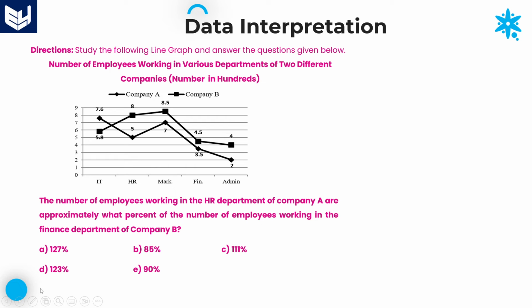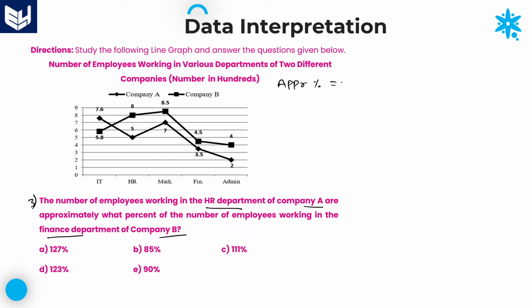Let us look at the third question. Here is the third question. The number of employees working in the HR department of company A are approximately what percent of the number of employees working in the finance department of company B? See, here it is very clear that we need to calculate the approximate percentage.